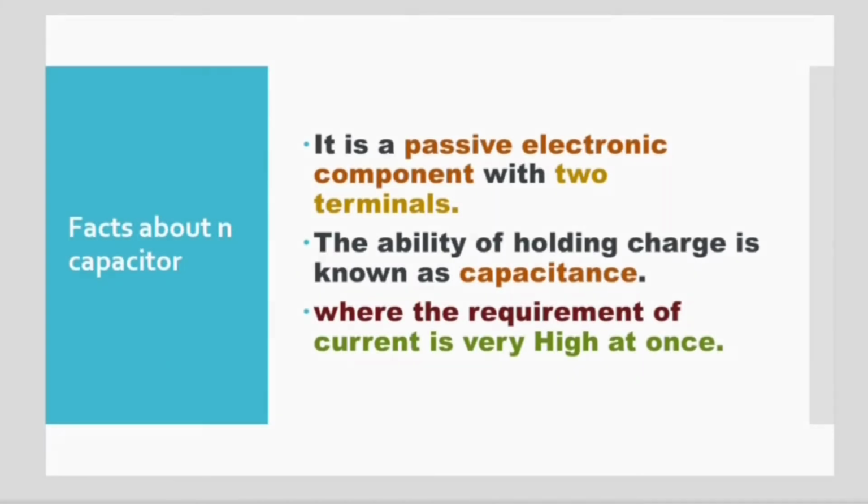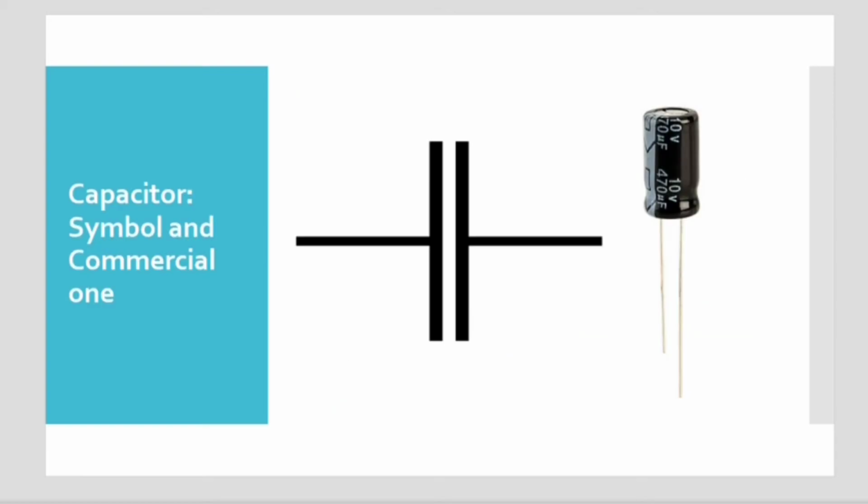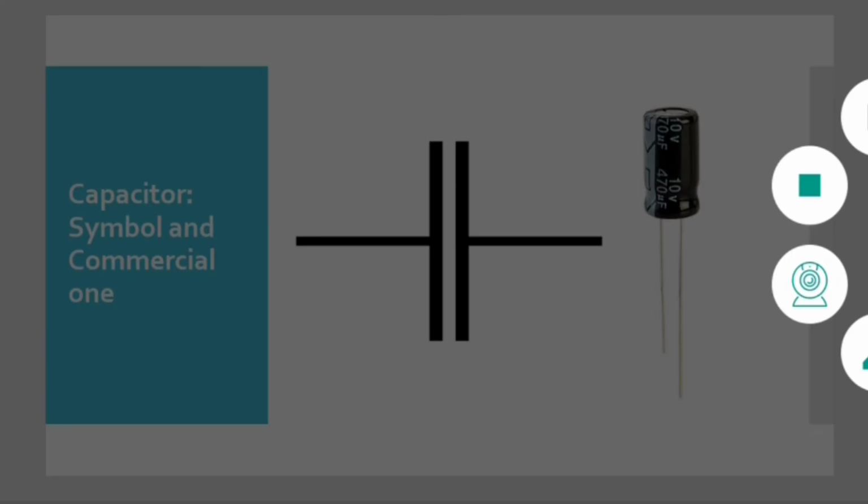So that is what the last point is saying here. The current drawn by the circuit while it is starting, it draws so much energy, so much electrical charge. That is basically the use of capacitor in a fan. Similarly for motor, for camera flash, okay, and more. This we have already discussed, right? And last is what is the symbol we will be using for capacitance.